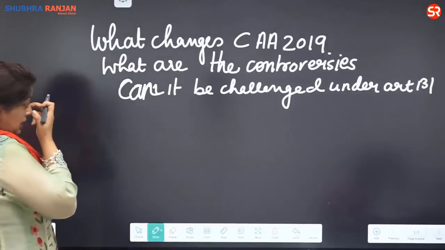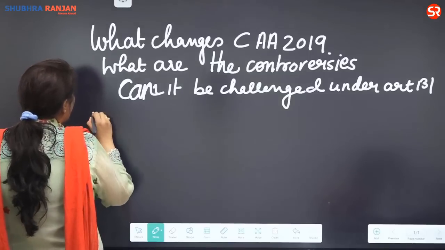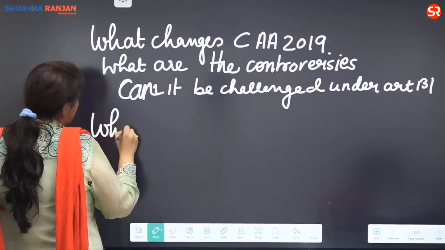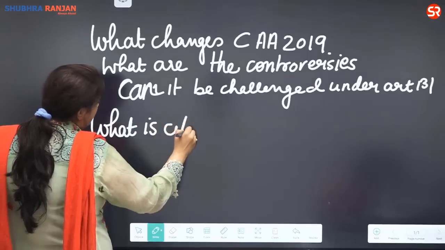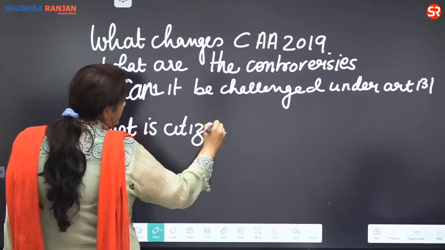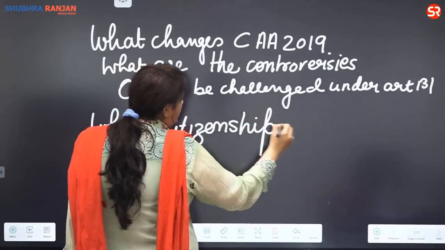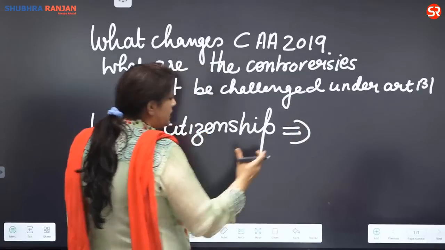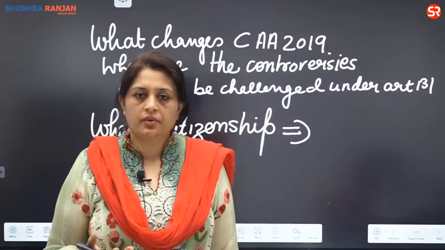Fine. So first of all, how will I open up this question? I will first explain what is citizenship, or what is meant to be a citizen of a country.